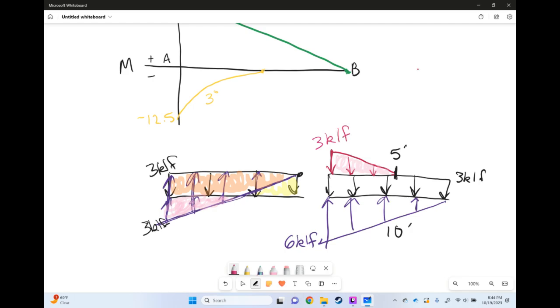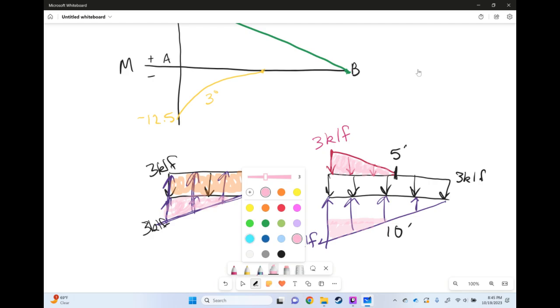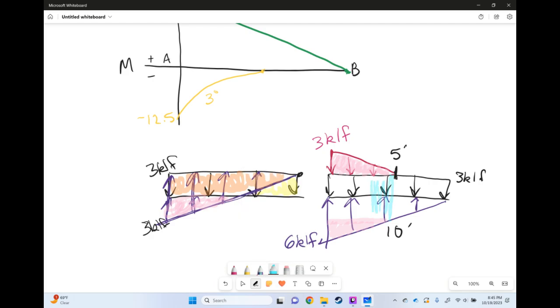Now, if you just want to check and make sure, we can verify that based on our loading, we've got our triangle down here and our triangle up here. Those are equal and opposite. Great, those are canceling. Then we've got our rectangles right here canceling. That's great.